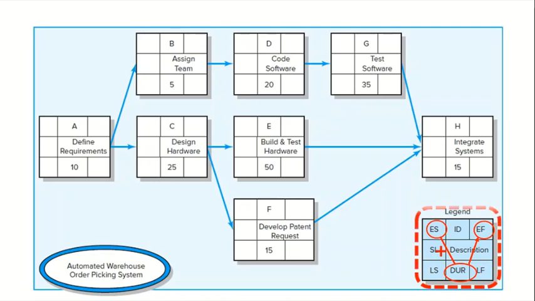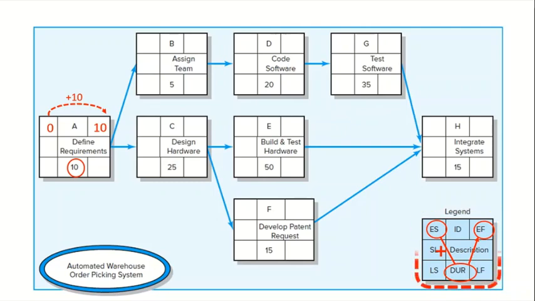The forward pass begins with the project start time, which is usually time 0. In this case, the early start time of A is 0. The early finish for activity A is 10 days because the early start of the activity plus the duration of that activity equals its early finish time, or 0 plus 10 is 10.